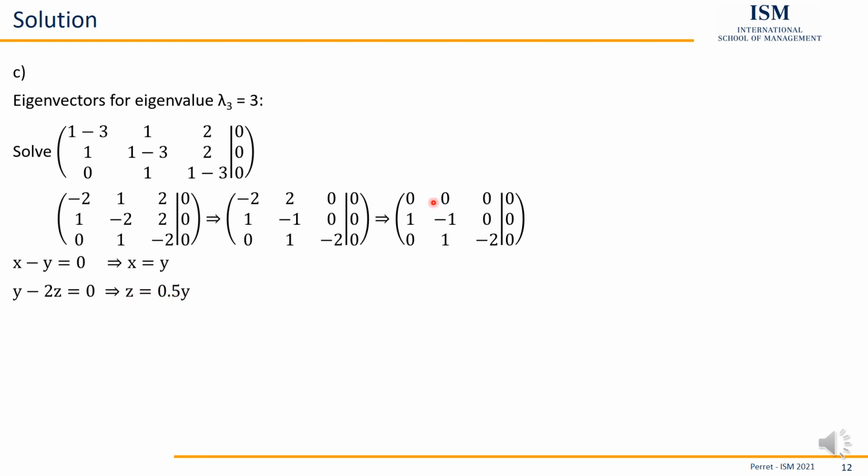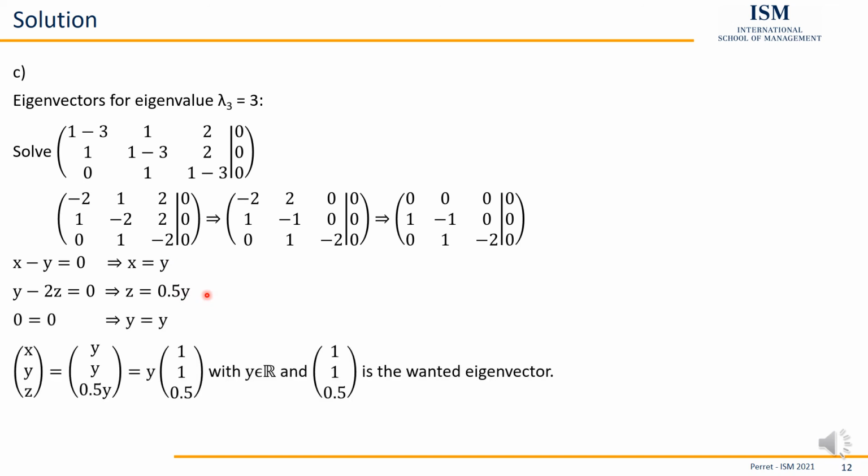We need to again select one variable arbitrarily. This would then be a good choice to go with y. Putting this together yields as a final result x equal to y, y equal to y, z equal to 1/2 y. Or, if we pull the y in front, 1, 1, 1/2. The 1, 1, 1/2 is the eigenvector we wanted for our eigenvalue of 3.